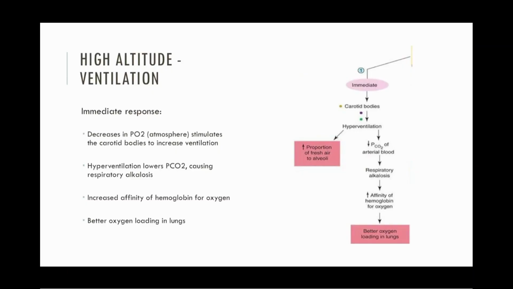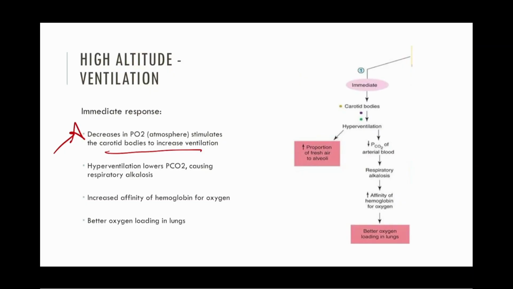The first thing that happens, decrease in PO2, makes sense. There's not a lot of oxygen in the air that we're even breathing. So our carotid bodies increase ventilation. The carotid bodies are going to sense the low O2 and kick in your breathing.